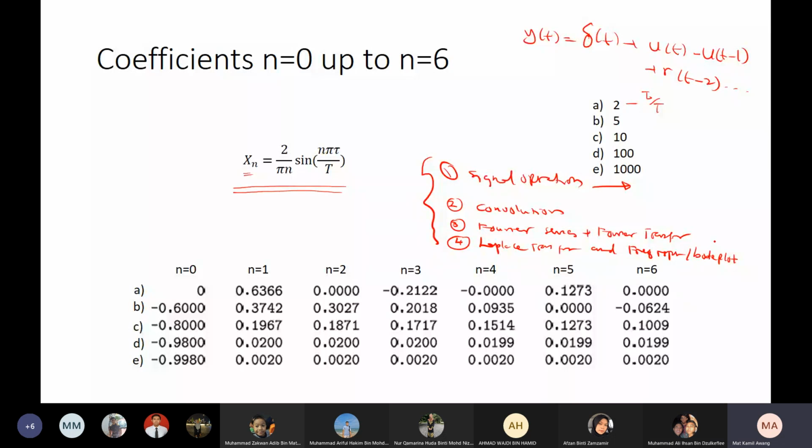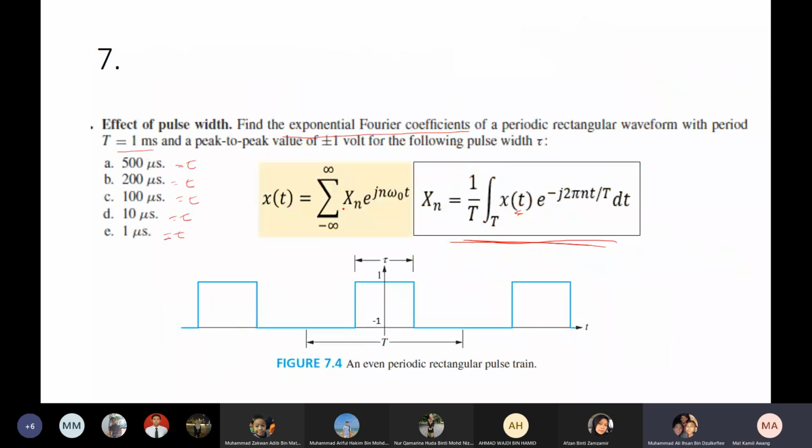Fourier series, most probably that we give you maybe only one, and find the coefficient. Most probably like that.